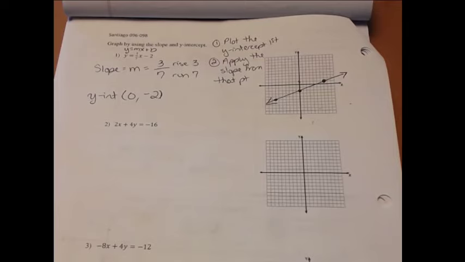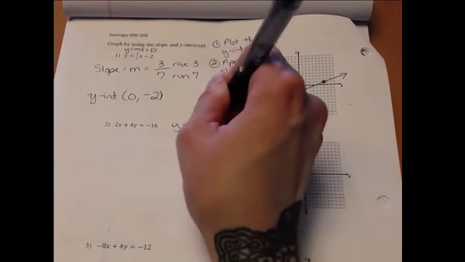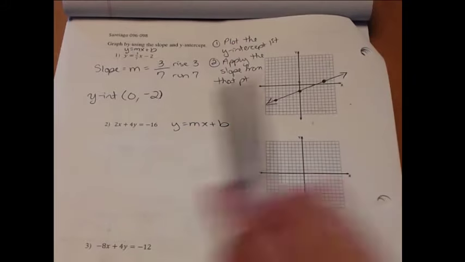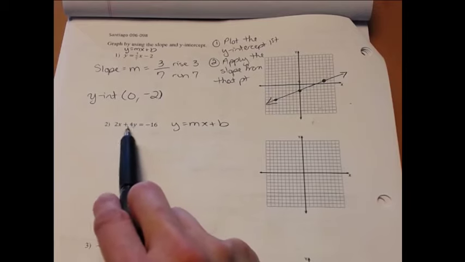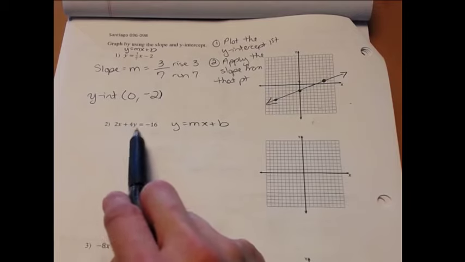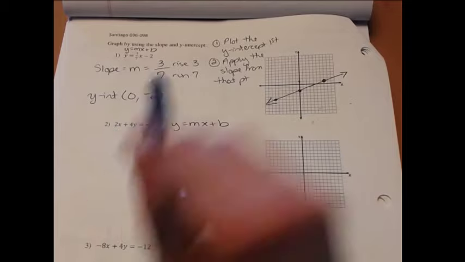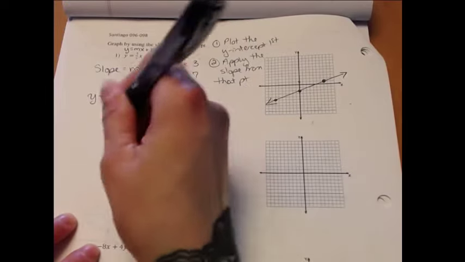So for number 2, 2x plus 4y is equal to -16. We want to rewrite in slope-intercept form. So again, the goal is y equals mx plus b. That is the goal. So what you'll want to do is isolate y. Recall that we have two terms, a 2x and a 4y. We want to isolate our second term because that's the one with y. So we want to move the 2x. In order to move the 2x, we're going to have to do the opposite operation, which is to subtract it.